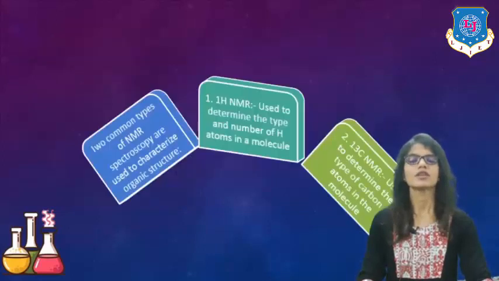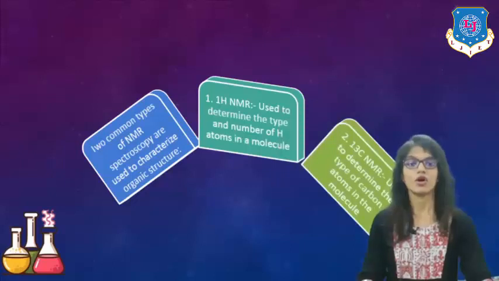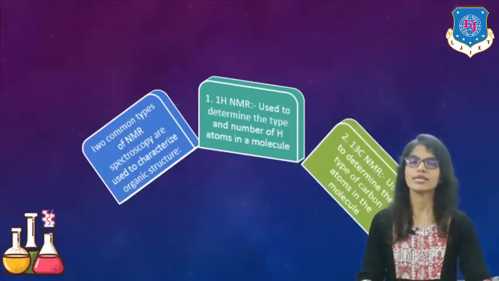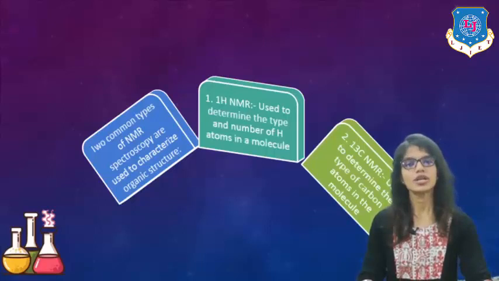So here, two common types of NMR are generally used. Number one is carbon NMR, or I should say carbon-13 NMR, while the second one is 1H NMR. As we have seen earlier, it generally identifies the carbon-hydrogen framework, so it involves the identification of these two particular nuclei.